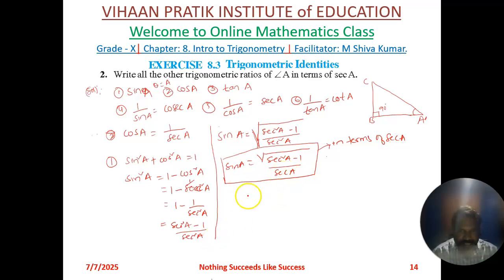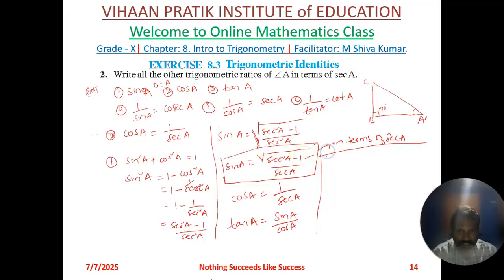So we got sine A, we got cos A. Cos A is directly the reciprocal of secant A. Now tan A. Tan A is the ratio of sine A by cos A. Now what is sine A? Sine A is this.